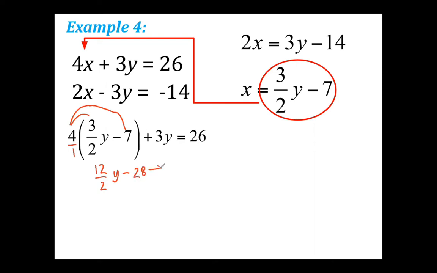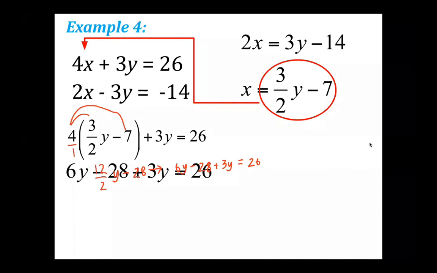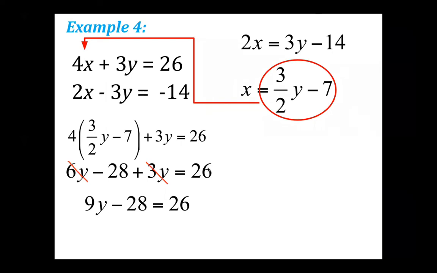And that would just give you 6y minus 28 plus 3y equals 26. And now you can further combine like terms to simplify your equation. So 6y plus 3y would just simplify to 9y minus 28 equals 26.